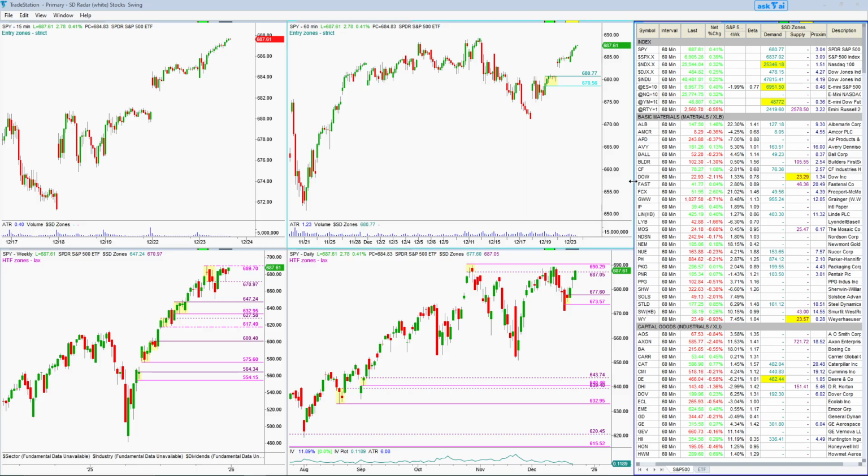One thing I do want to point out is there's a difference in Radar Screen as far as the columns available there. We still have the S&P relative change over the last 4 weeks here. We still have the newly added beta column, and of course we still have SD zones with supply and demand and proximity columns, but we do not have IV and IV percentile shown over here.